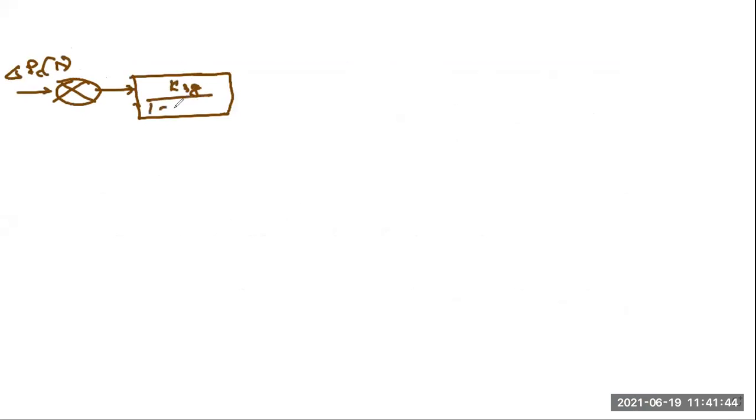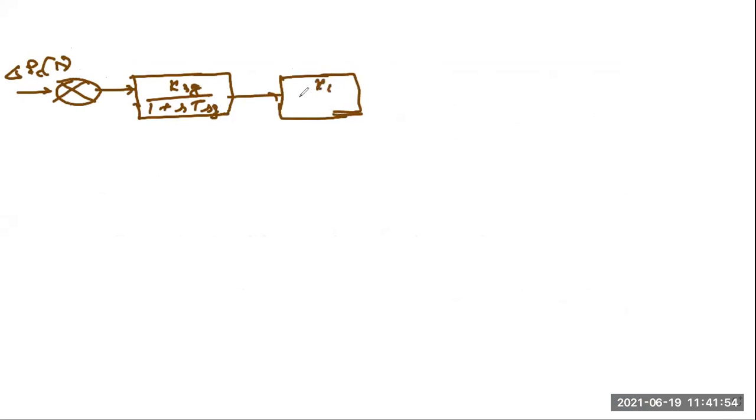So let us say this is your delta PCS. This is your speed governor. This is KSG by 1 plus STSG. This is your KT turbine block.